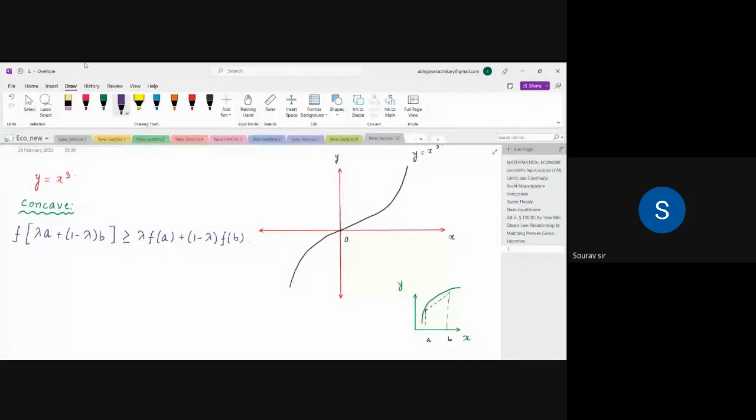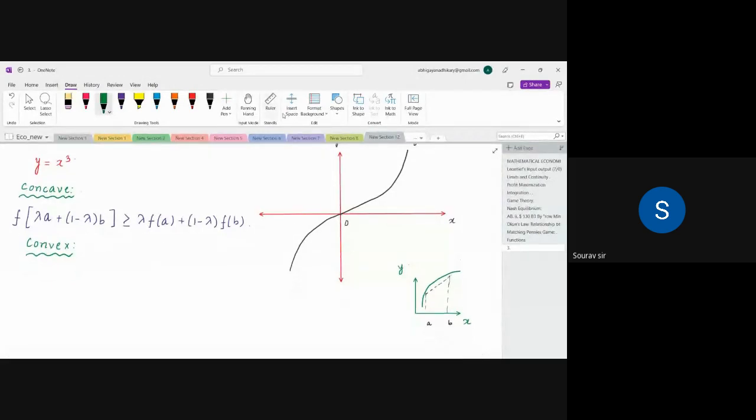And what is the definition for convex? What was the convex definition? A convex function would look something like this.